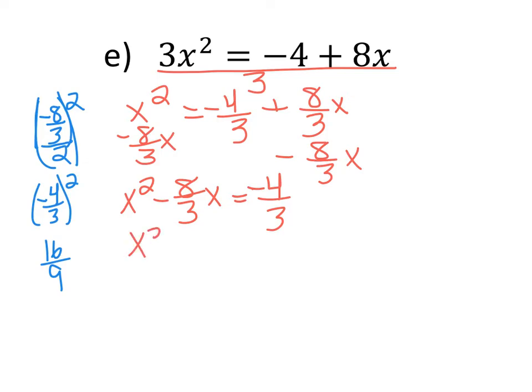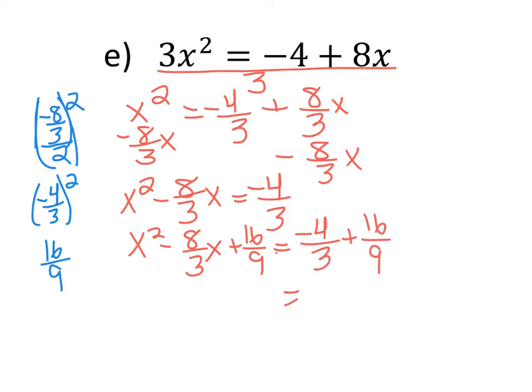So x squared minus 8/3 x plus 16 over 9 equals negative 4/3 plus 16 over 9. Use your calculator. Negative 4 divided by 3 plus 16 over 9 equals 4/9. Over here, we have x, and half of negative 8/3, which we've already figured out, is negative 4/3.